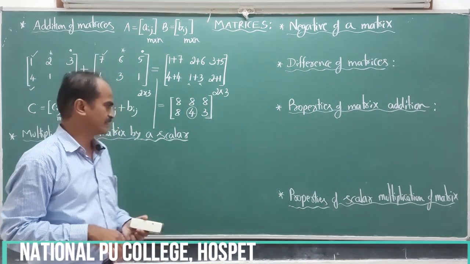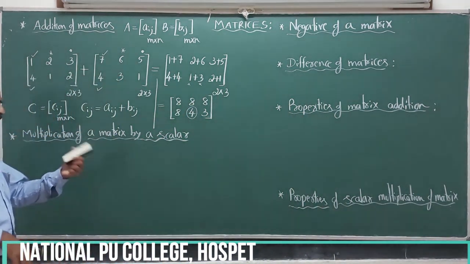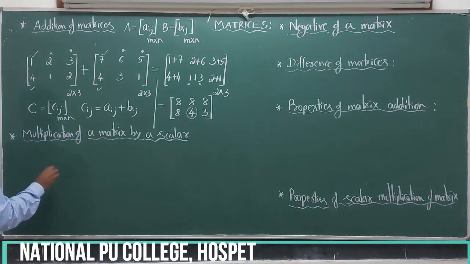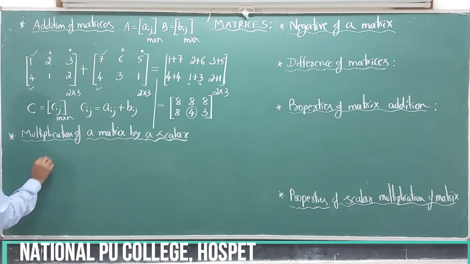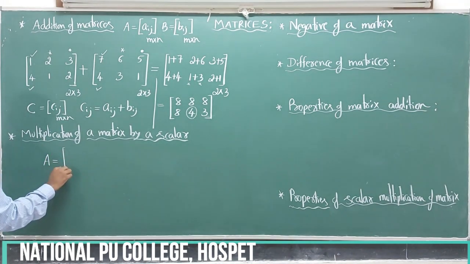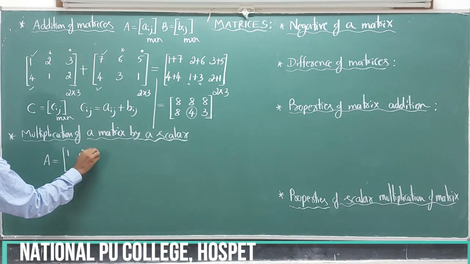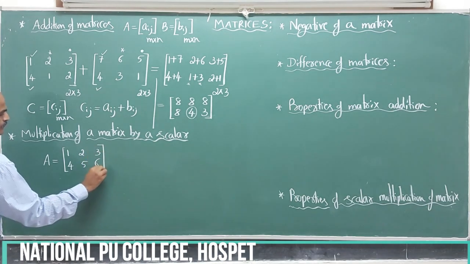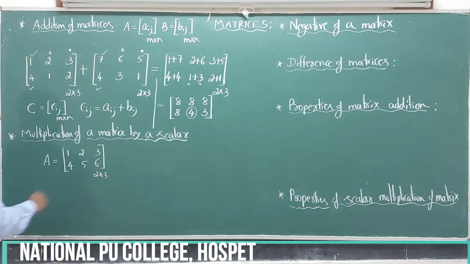Now let us consider multiplication of matrix by scalar. Suppose I took matrix A as a 2 by 3 matrix I considered.